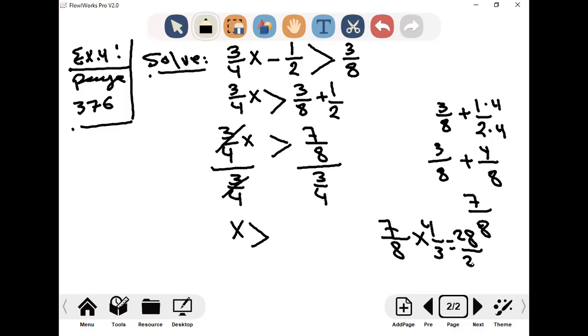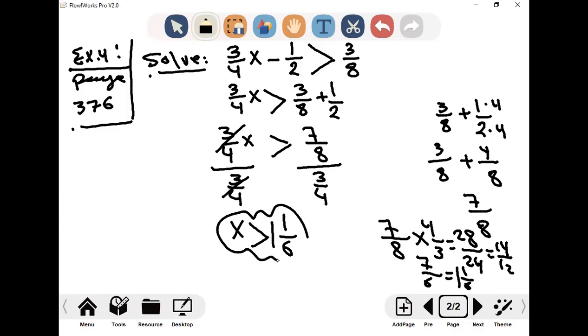28 over 24. Let's simplify it. 14 over 12, right? Simplify more. 7 over 6. Next number 1 and 1 over 6, right? So here x more than 1 and 1 over 6. Done?